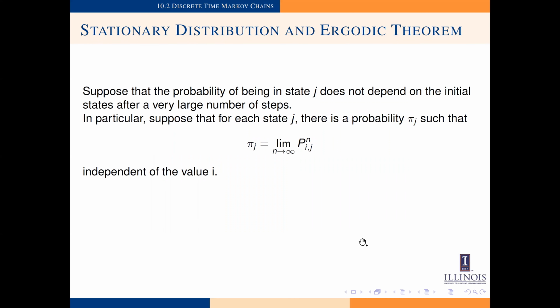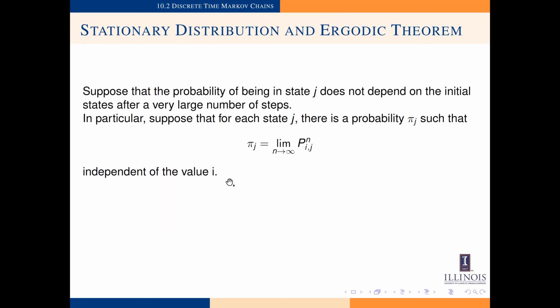Specifically, suppose that for each state j, there is a probability pi_j such that pi_j is equal to the limit of P^n's ijth entry as n goes to infinity. And this pi_j, which is the ijth entry of the P^n matrix, is independent of the value i.